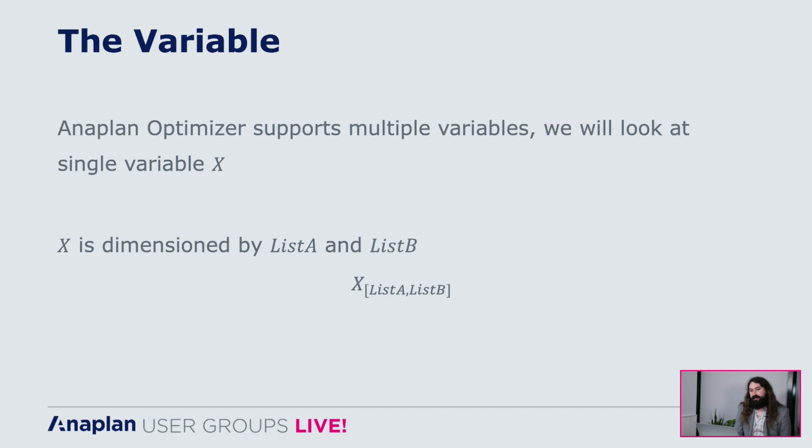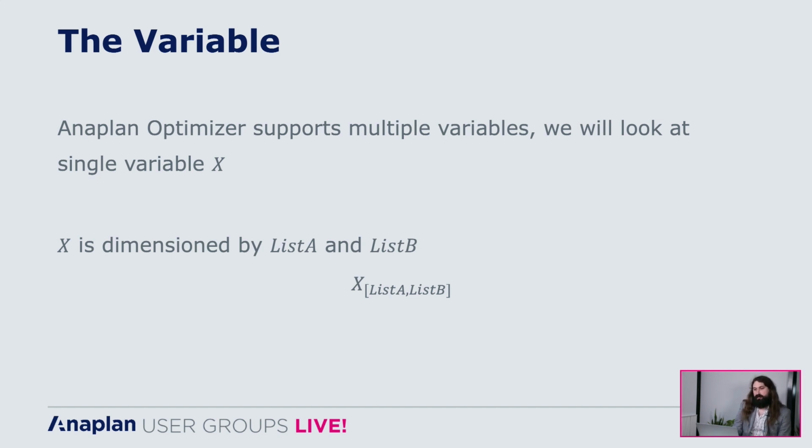It's not a particularly massive leap to get to multiple variables. So we'll start with our variable, we'll call it capital X, and we'll dimension it by list A and list B. So again, this means we have a line item X, dimensioned by list A and list B. List A and list B each have 3 terms.